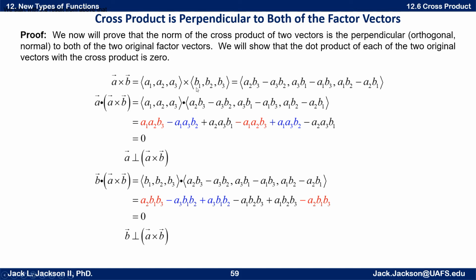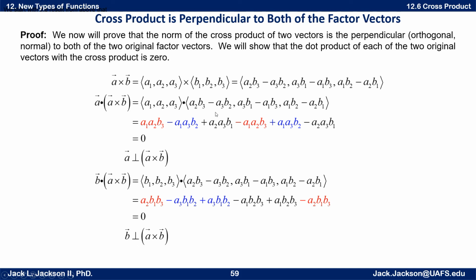So if we take this cross product given by this formula right here, and we do A dot that, let's see what happens. We do A1 times this, so that's A1 A2 B3 minus A1 A3 B2, plus we'll do A2 times these here, so that's A2 A3 B1 minus A1 A2 B3.